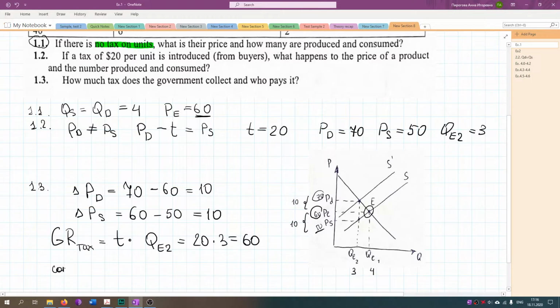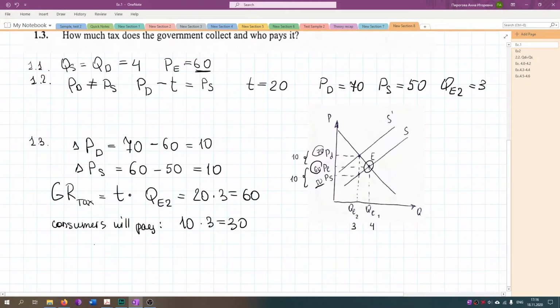So consumers will pay 10 multiplied by 3 because the change in price for them was 10 and units that they bought were only 3 units, and producers will pay the same amount because the change in price was also 10. So that is it for the first task.